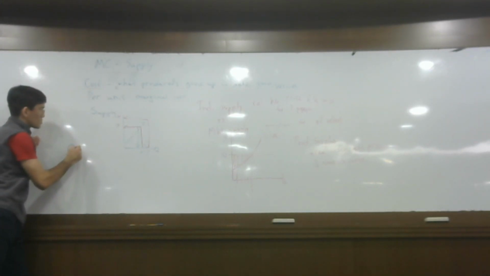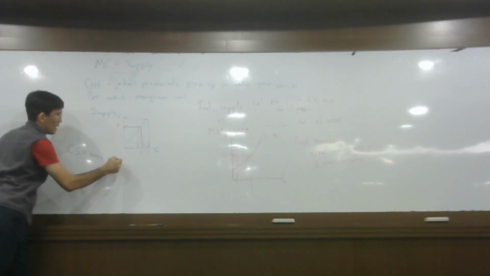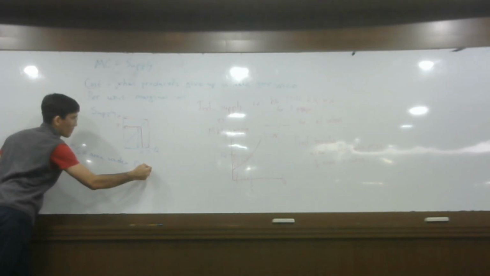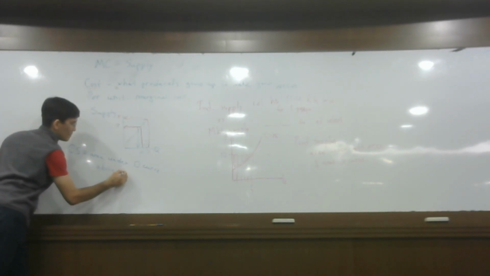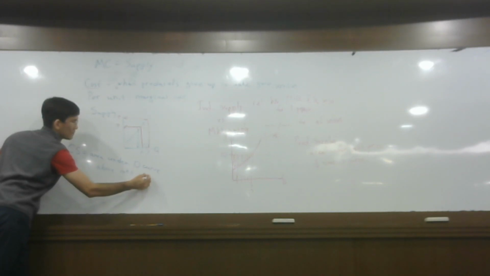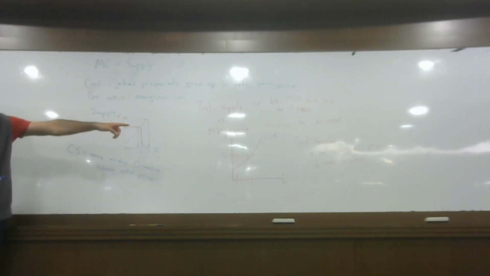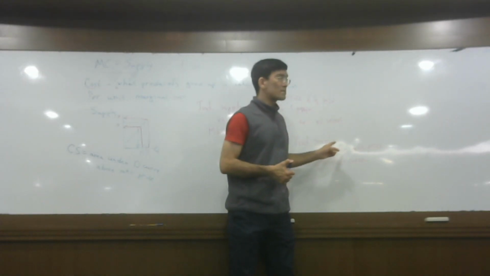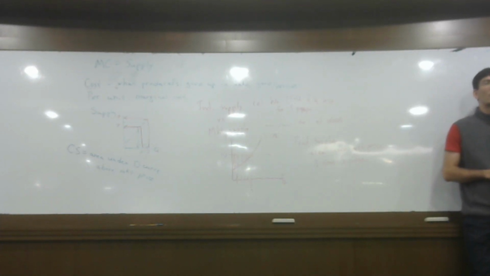A bit of a reminder, consumer surplus: area under demand curve and above market price. Okay, so that's from the previous section of the class. A bit of a reminder, consumer surplus is equal to the area under the demand curve and above the market price. For producer surplus, if it's hard to read, it's equal to the area under the market price and above the supply curve.